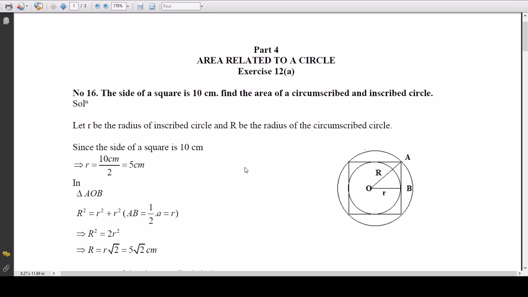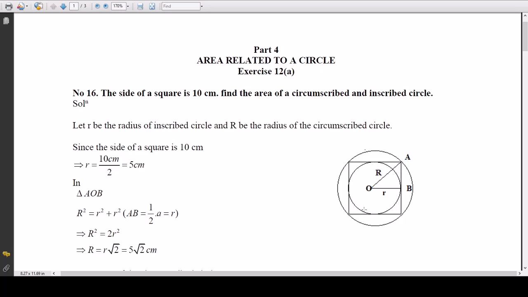Okay, now before going to the solution of this, let us know what is the circumscribed and what is the inscribed circle. Now if we draw a square, the circle which touches the four vertices of the square is called the circumscribed circle, and the inscribed circle is the circle which is within the square and touches the edges of the square.